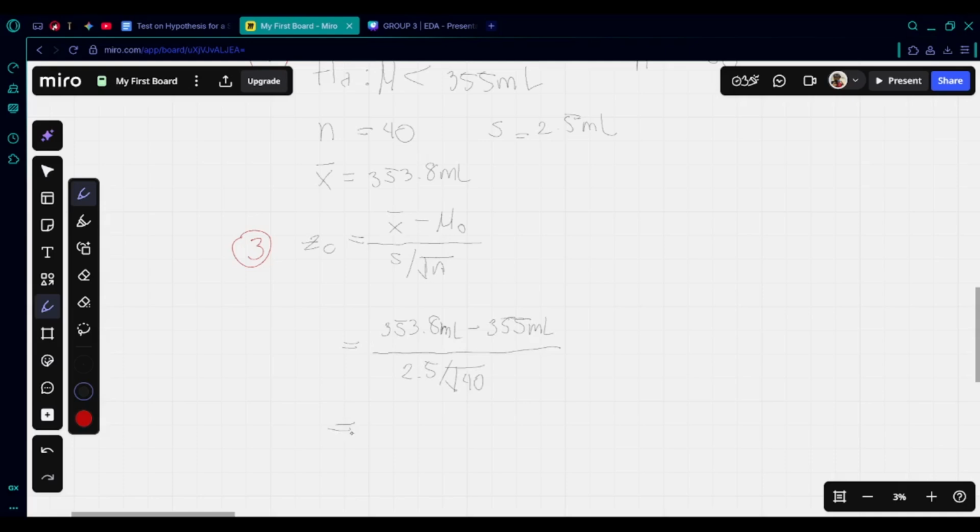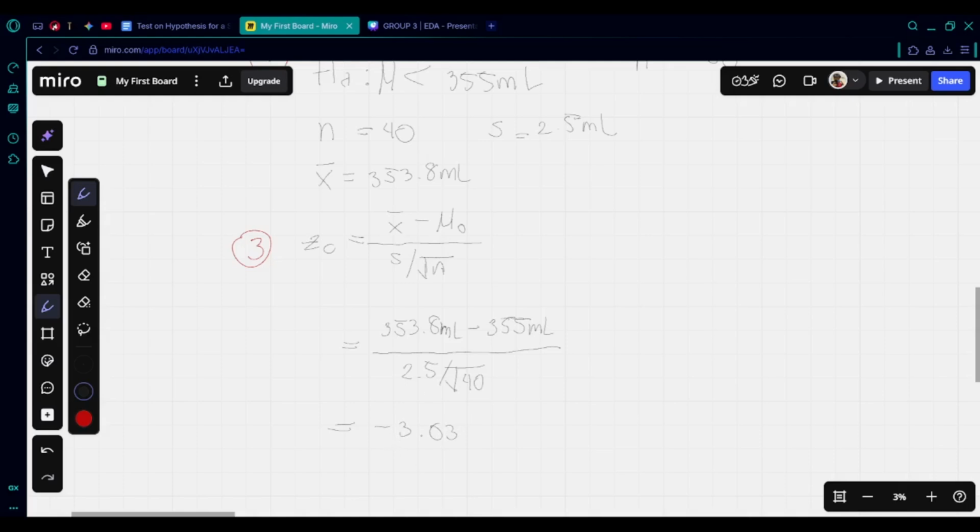So just type it into the calculator: 353.8 minus 355 over 2.5 over the square root of 40. So we have a value of negative 3.03. So this is our value.